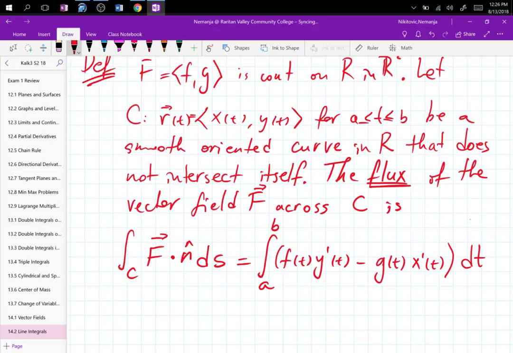So vector n is the closed curve with the counterclockwise orientation. The n is called the outward normal vector, and the flux is called outward flux.